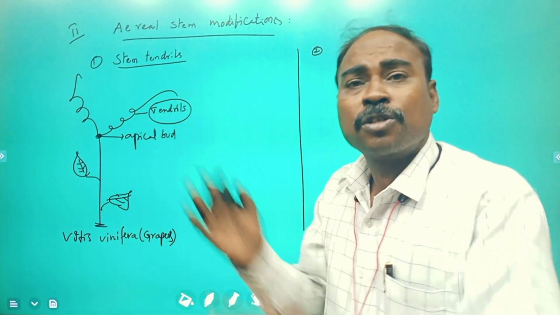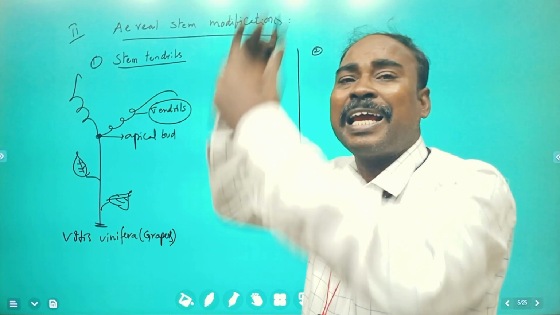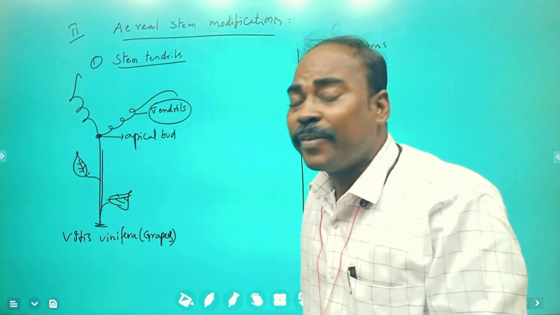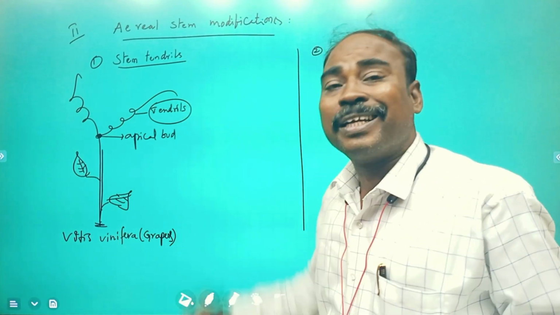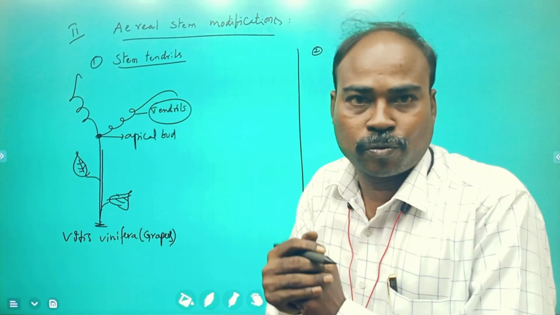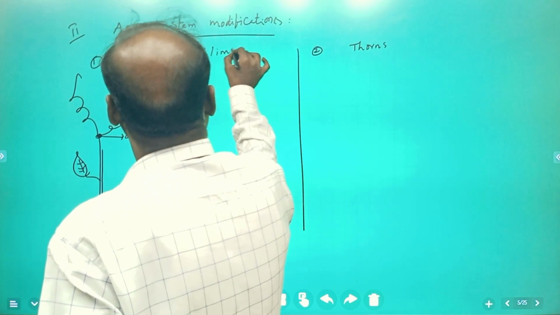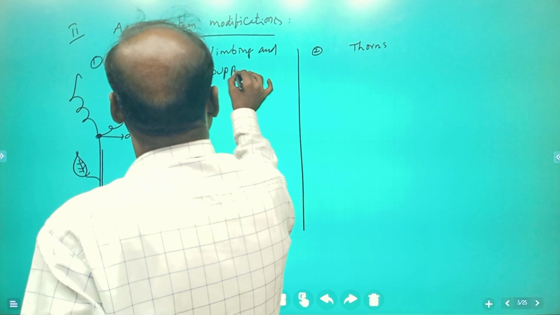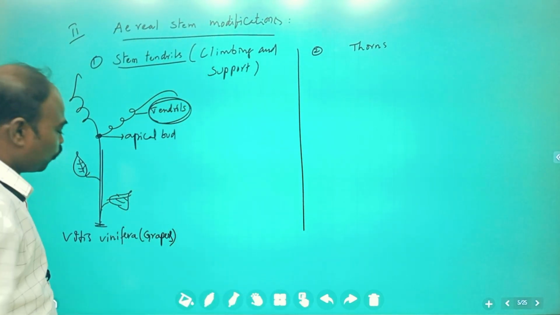Whenever they touch a support, they coil over the support and climb over it. In weak-stemmed plants like grapes and gourds, these tendrils are developed for climbing of weak stems, for the purpose of climbing and support.